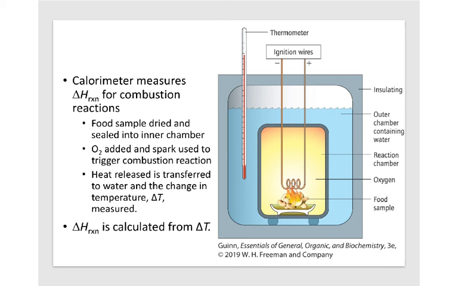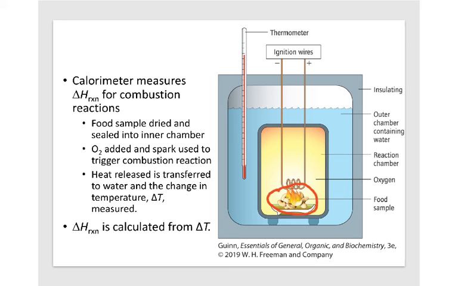You'd put a little dried food sample inside the chamber, and then the chamber would be surrounded by water. A little bit of oxygen is put in there and a spark, and it triggers a combustion reaction. You see it in the figure here, the little nuts are burning.